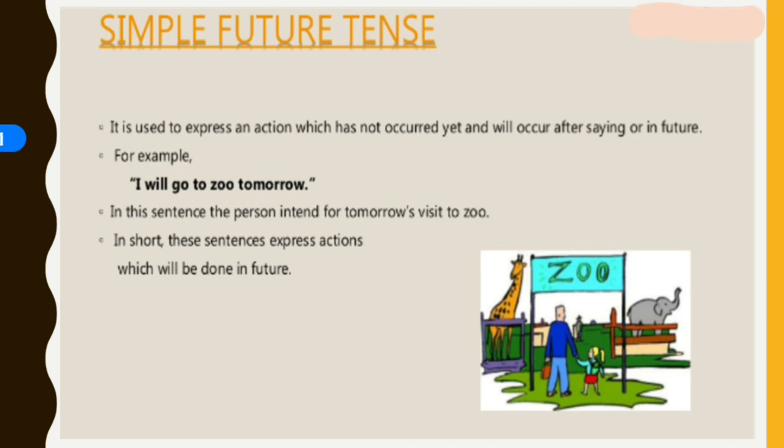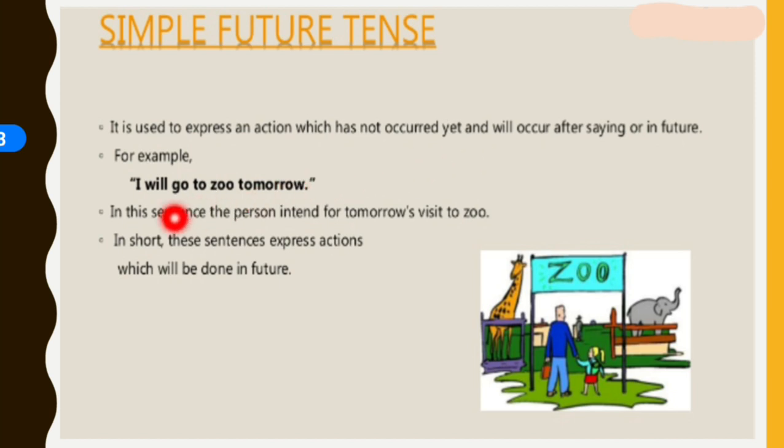That means in the coming time, in the time that is yet to come. Maybe it is after 2-3 minutes or so. But that action has not yet taken place and will take place in the coming time, or we can say in future. Right? Will occur after saying or in future. That means we are talking in simple future tense.